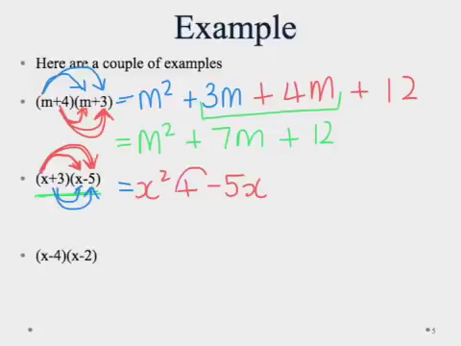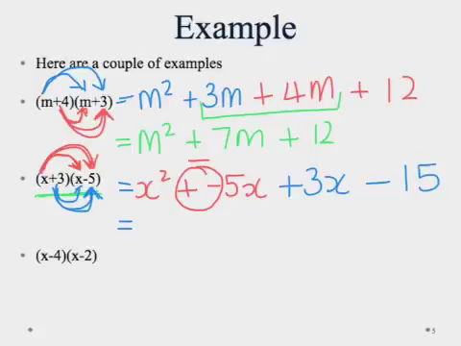Now, what happens to these two here? They become a minus. A plus times a minus is a minus. Moving now on to our next term, we've got 3 times x, and then we've got plus 3 times minus 5 gives us minus 15.